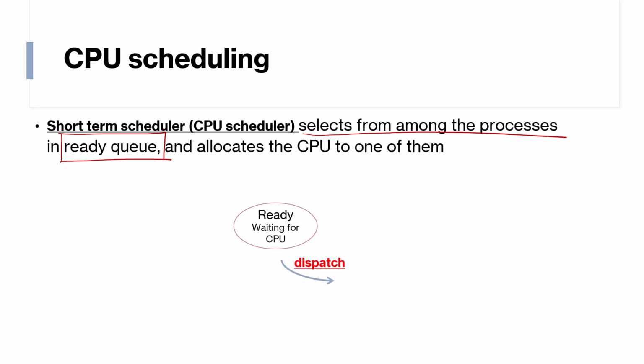And then you have your dispatcher, which is going to dispatch whichever process is in the front of the ready queue onto the CPU. That process was in the front of the ready queue using some type of algorithm, maybe first come, first serve, or some priority-based algorithm, for example.